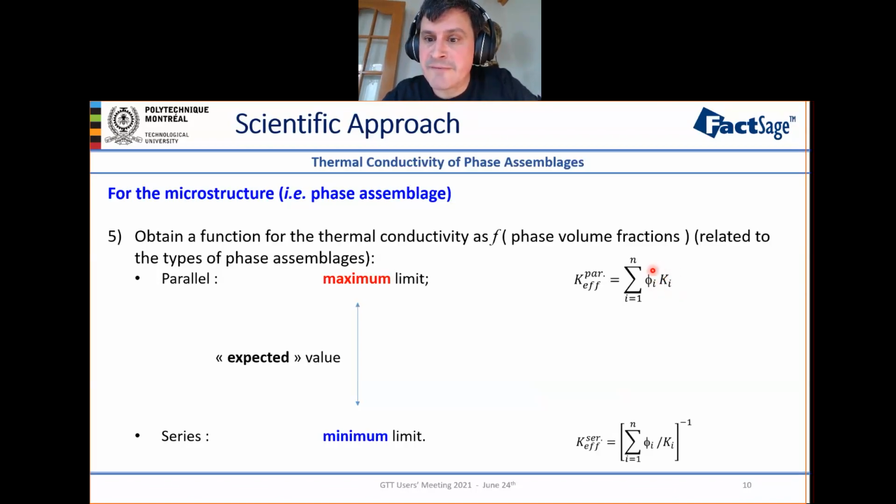So if the values of Ki vary a lot, the parallel mode is always the highest thermal conductivity, while the series mode is the lowest value, which is related to an inverse function of the thermal conductivity. The expected value of the microstructure must lie in between the two.